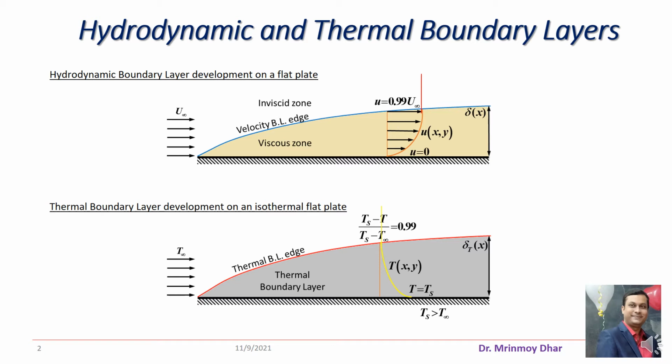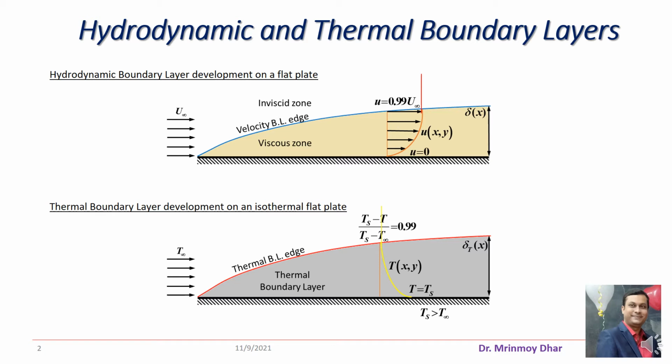At the edge of the thermal boundary layer, (Ts minus T at that point) divided by (Ts minus T infinity) equals 0.99. This way the temperature at the boundary layer edge is defined.